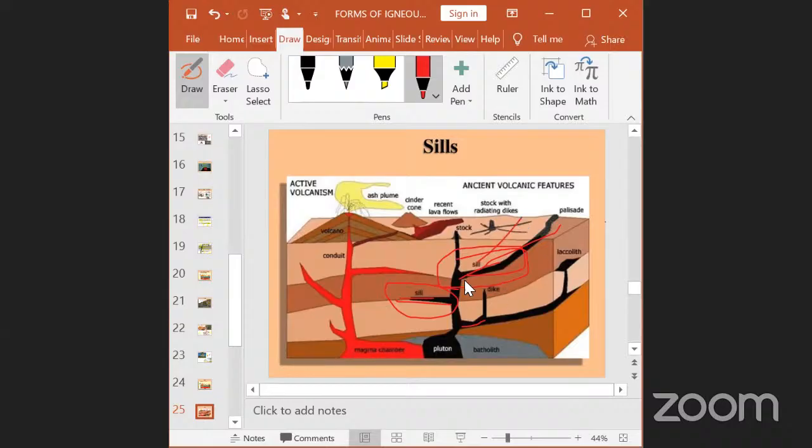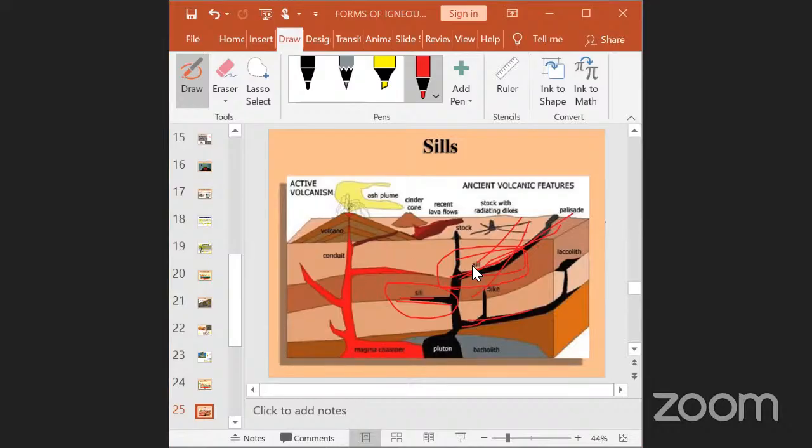During sill formation, the ascending magma under great pressure pushes the overlying rocks upward and accommodates itself by intruding and spreading along weak bedding planes.